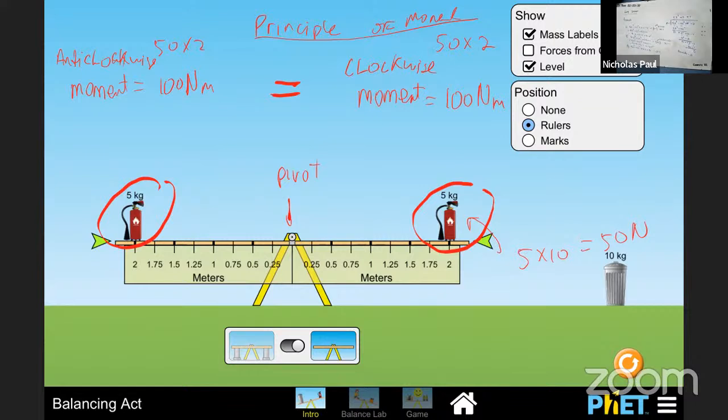Quickly, the note is: the principle of moments states that for a system to be in equilibrium, the sum of the anti-clockwise moments about a pivot is equal to the sum of the clockwise moments about the same pivot. Everybody got it? Yeah, and you'll see it there. All right.